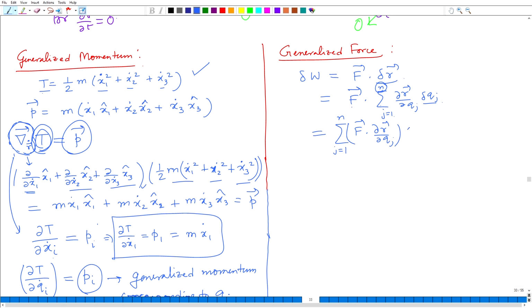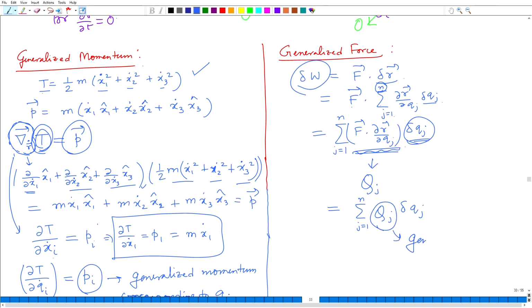So, instead of delta x, you write delta qj, and the corresponding force-like thing should be this quantity. Now, if I call this capital Qj, then it is getting multiplied with delta qj, giving the total virtual work, Qj delta qj. This is known as generalized force.